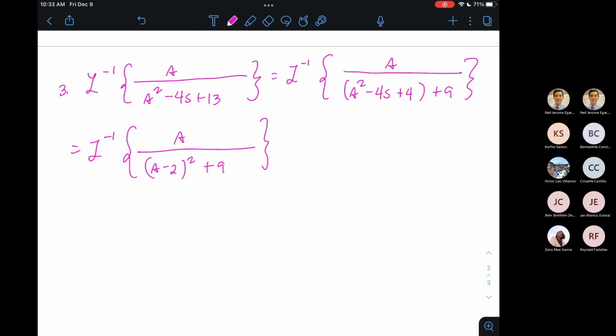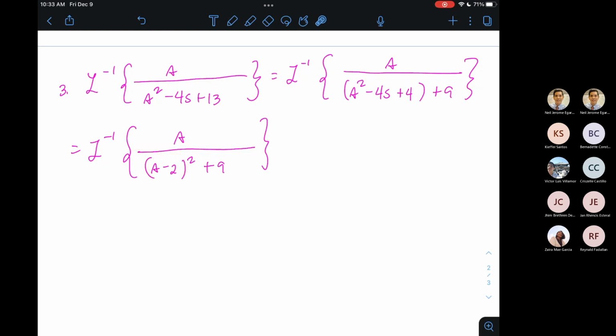Okay. Now, it's just a little different from what we encountered last time kasi kanina s plus something quantity squared yung nakukuha natin. Kaya lang ito s minus. So, ibig sabihin dapat i-translate ko yung s minus 2 units papunta sa kanan para maging s na lamang siya.